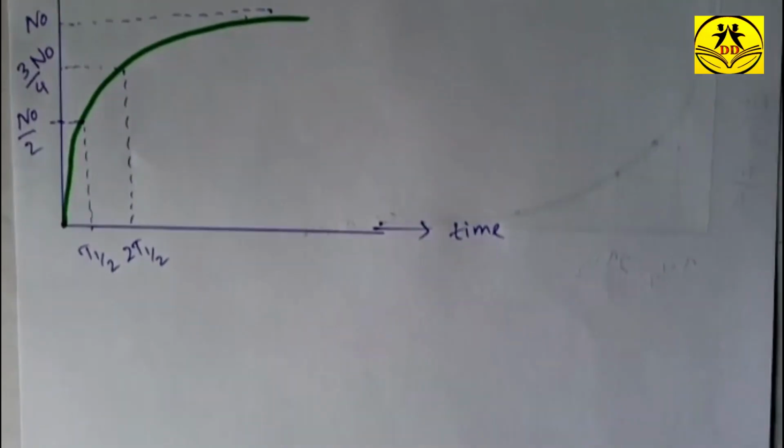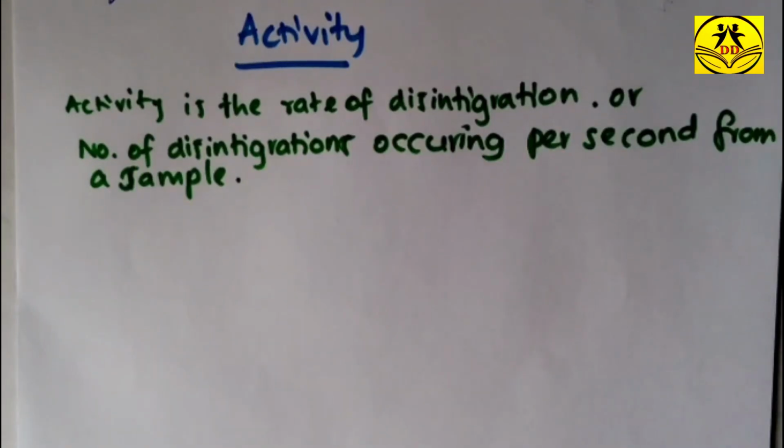Next we'll talk about activity. Activity is the rate of disintegration, or we can also define activity as the number of disintegrations occurring per second of a sample.